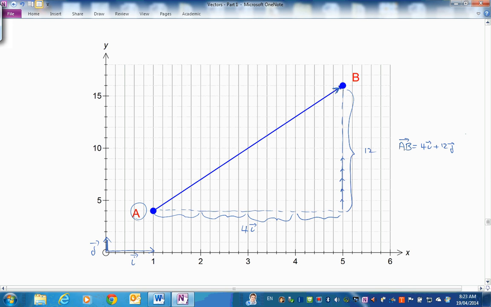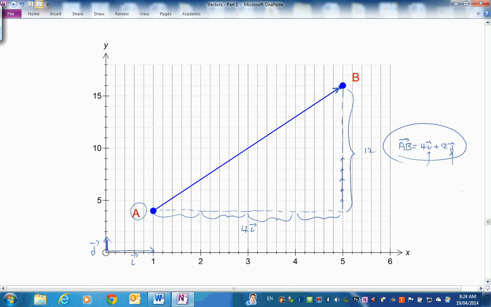It's a more emphatic way of writing what the displacement of A to B is: 4 lots of 1 unit in the x and 12 lots of 1 unit in the y. Just a different notation. It can be useful in looking at stuff later on.